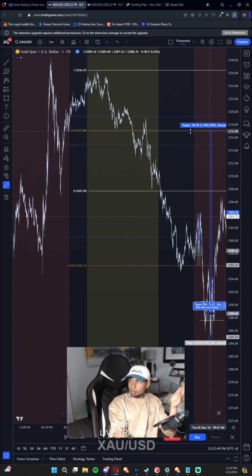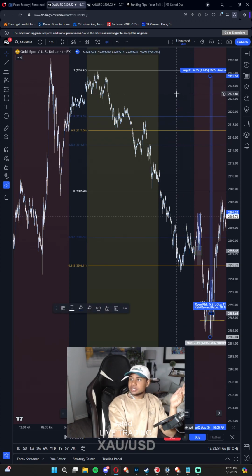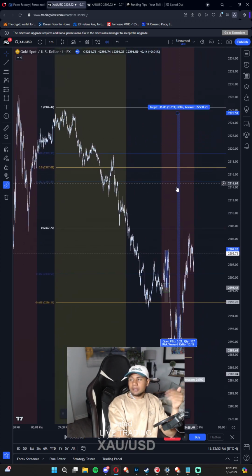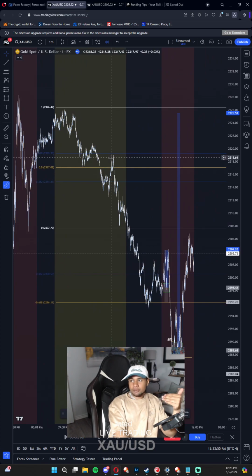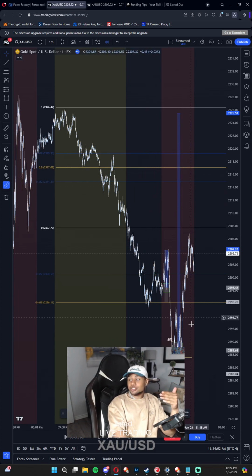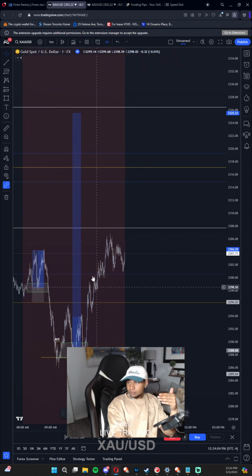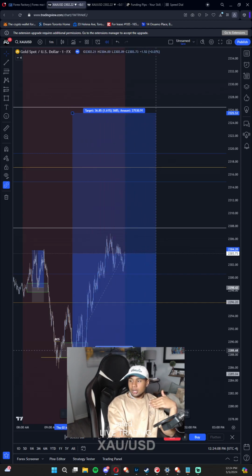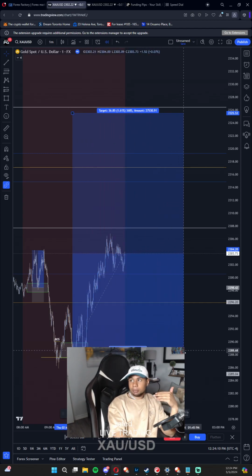All these different areas become take profits if you want them to be. You don't obviously have to take these blue lines as take profits, but just note that these areas will have consolidation between them. Now, obviously, this is a huge win to reward ratio, but let's see how the trade plays out.